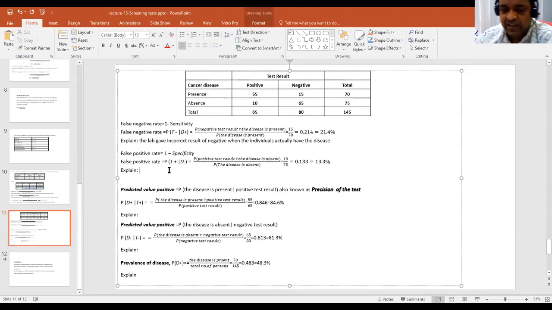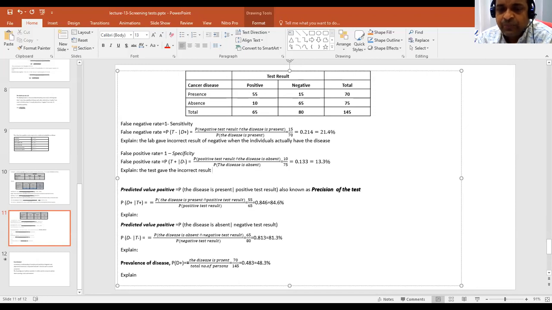You can write it incorrectly, which is an easier way to write it yourself. So you can write that the lab test gave the incorrect result of positive, but the individual actually doesn't have the disease.